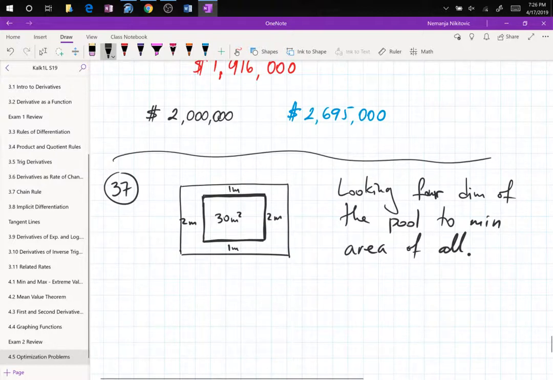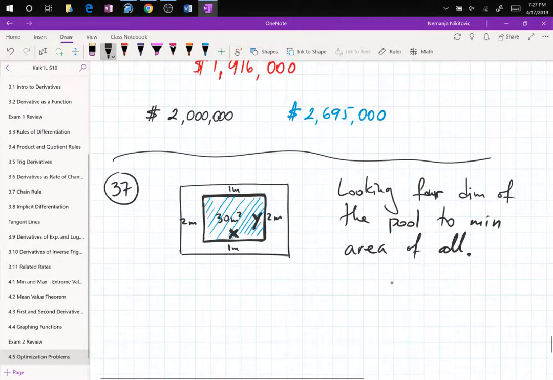So we have the concrete, right? And here is the pool, is the water. And now we need to put some dimensions to it. Now they're looking for dimensions of the pool. So we'll call those X and Y because those are our main dimensions.